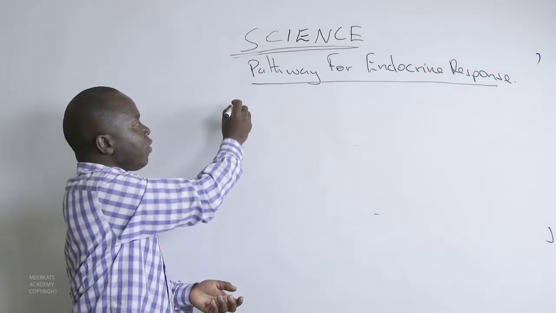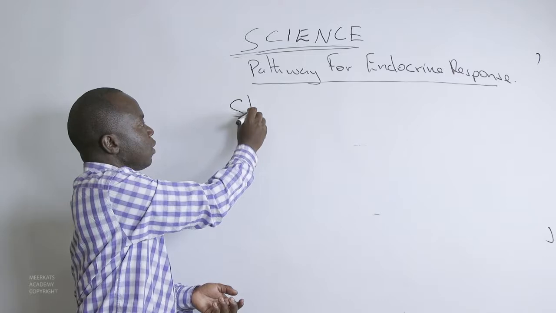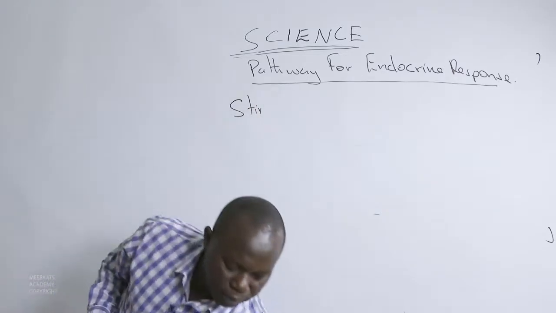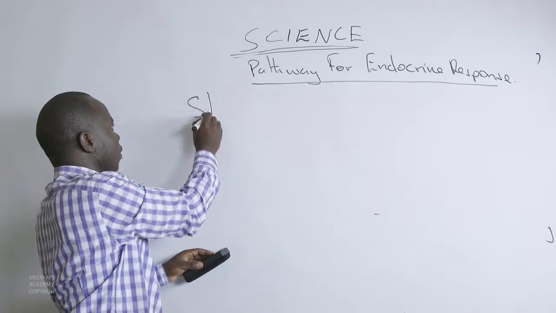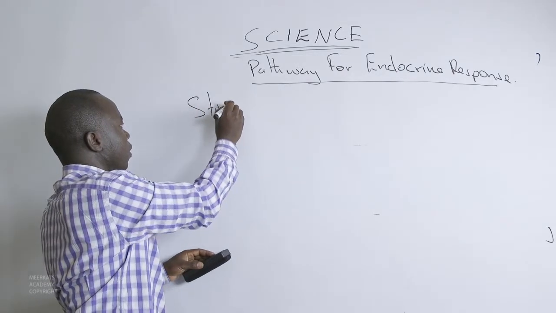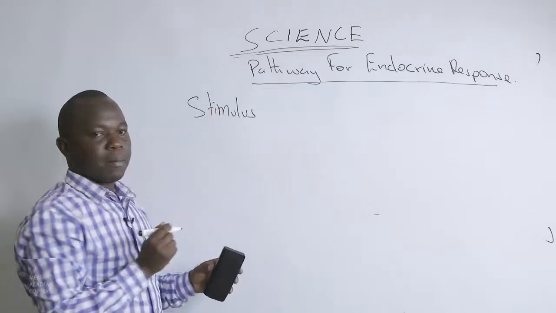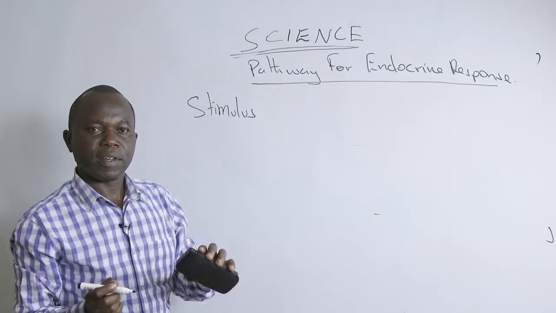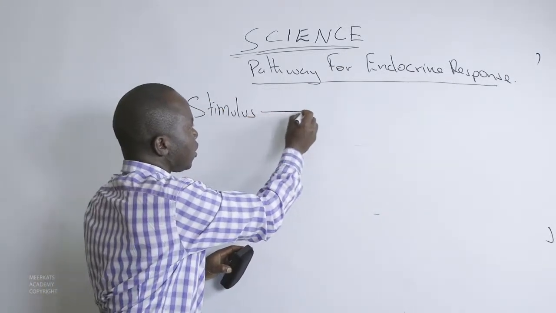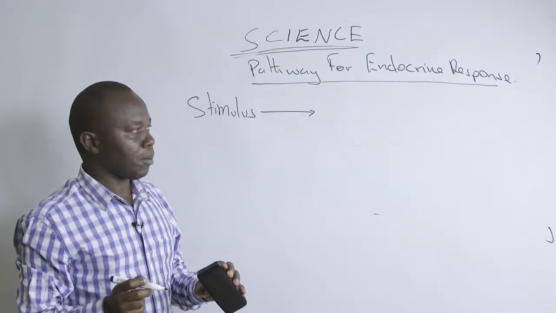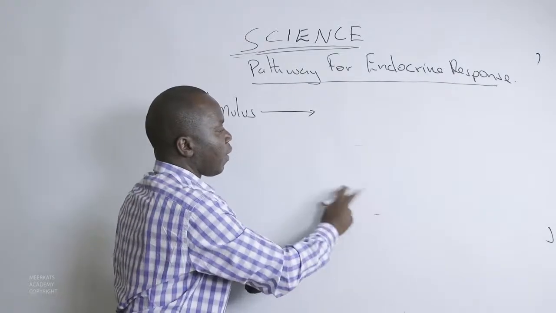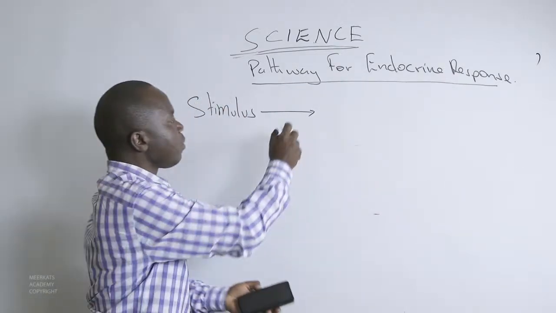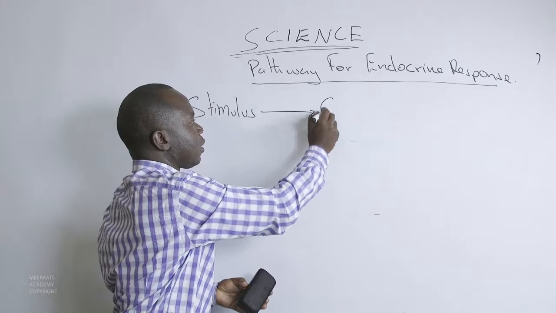So we are going to have stimulus. Remember, we said the stimulus is changing the environment. So the change in the environment, we shall use a specific example. So stimulus will be detected by a gland.